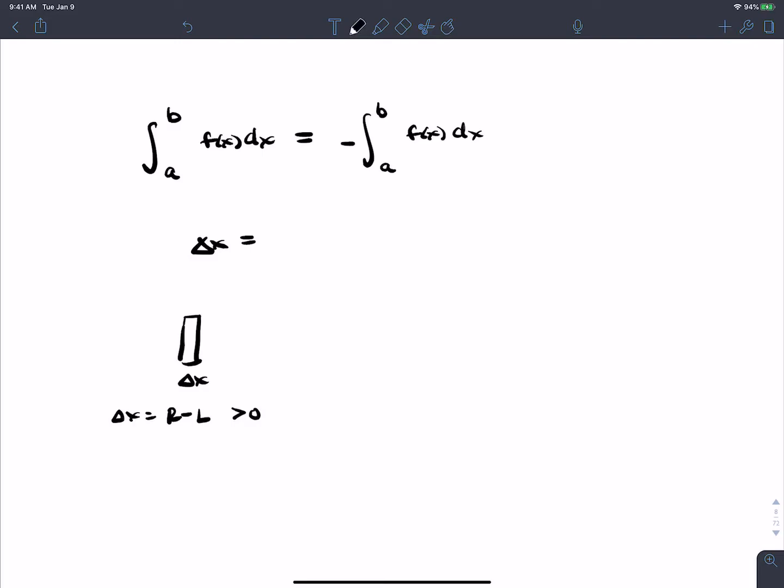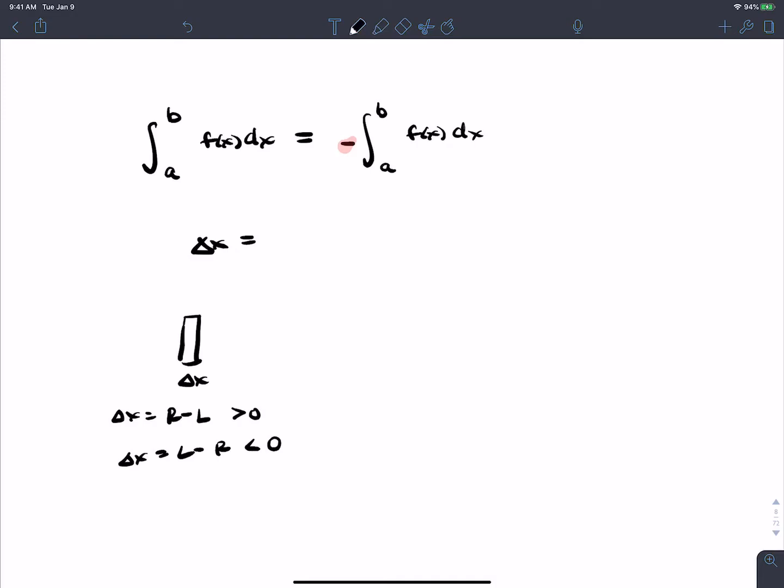If you try to define delta x to be left minus right, well, that difference is going to be negative. We never actually measure length horizontally that way. It's always the right value minus the left value, and that's going to be an important factor. So we can always factor out a negative and switch the limits, which is what we just did right here. So notice that this is now negative.